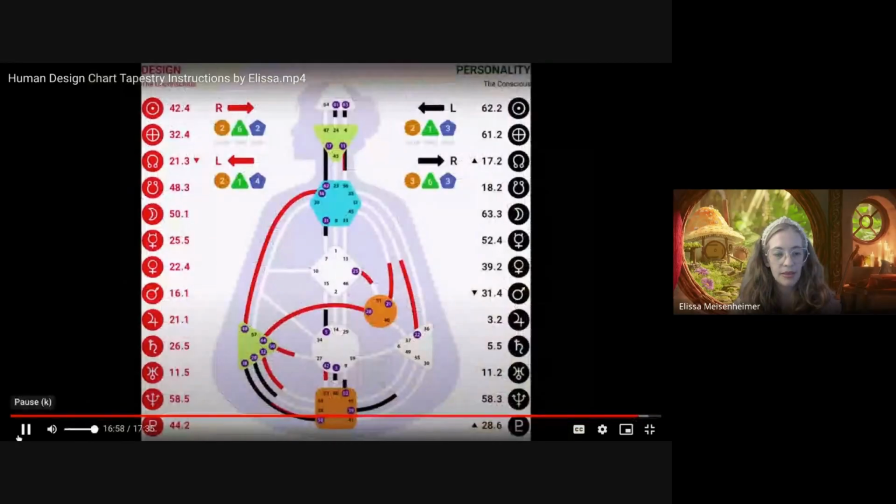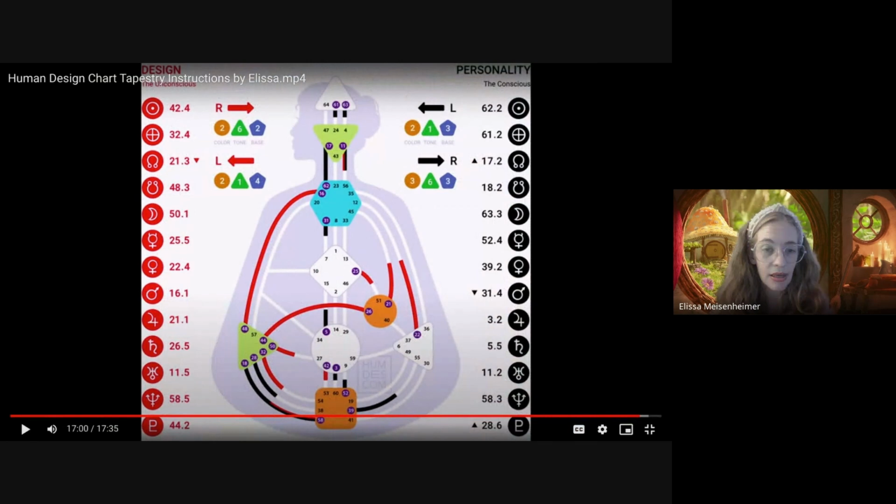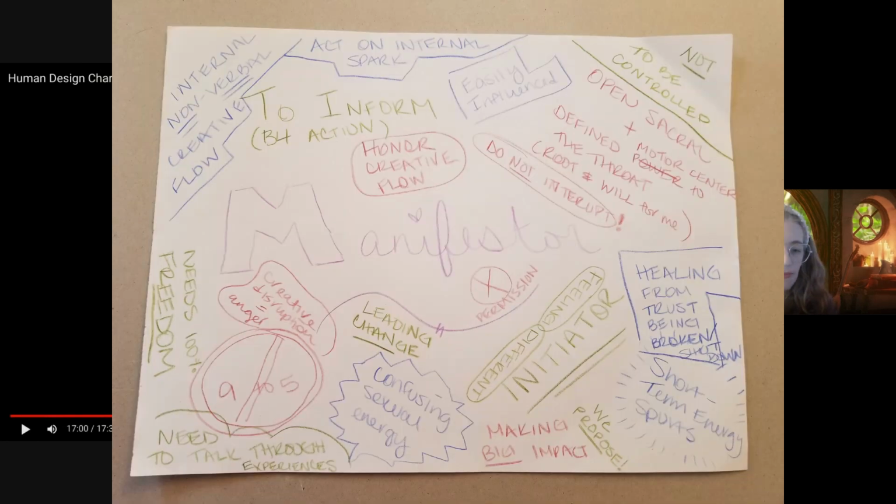Okay, so that completes the gates on my personality conscious side as well as the design unconscious side. We've talked about what your energy type is, and how you can research it and create your own chart page around what your energy type means for you.